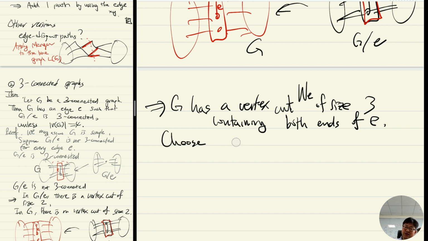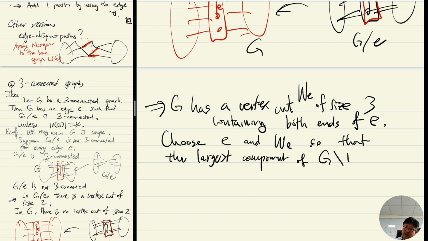So I'm going to choose E and WE so that the largest component of G delete WE is as large as possible.